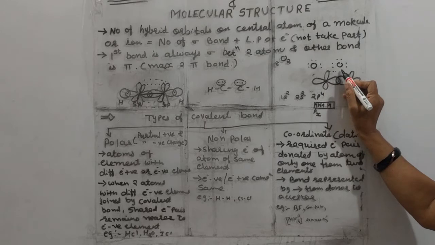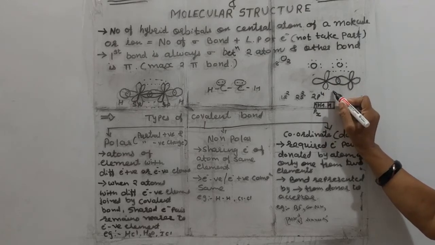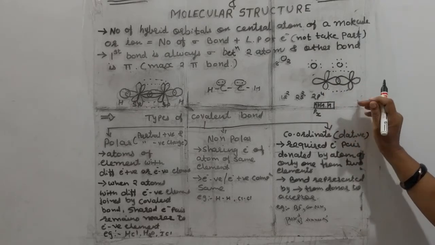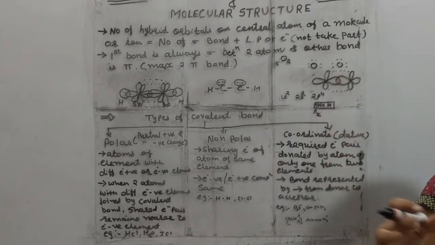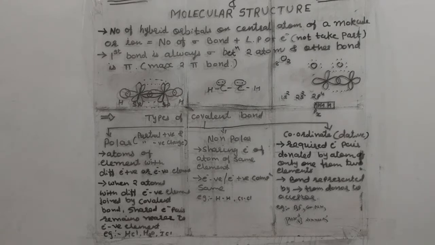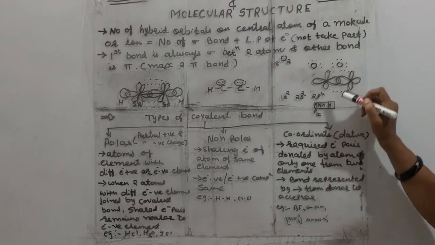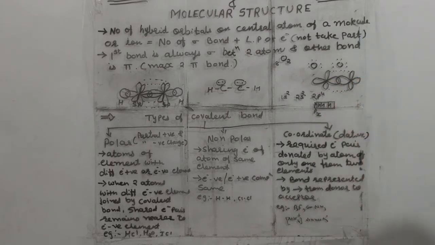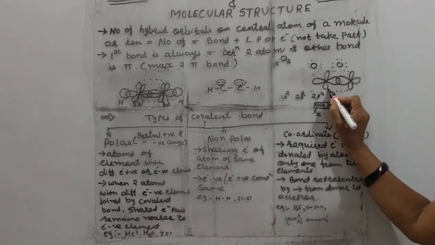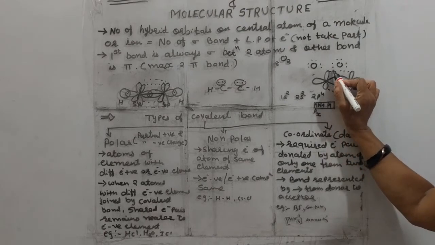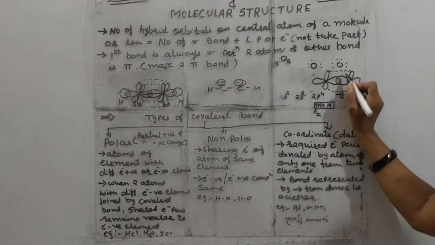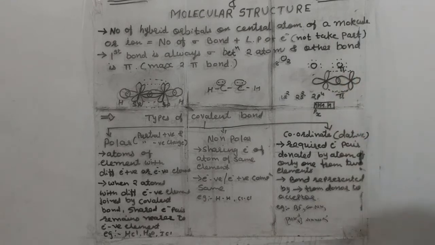Now they form the bond because they are both lone pairs. So here this lone pair repulsion takes place and they form the bond in such a manner, and that's why it is known as pi bond. This is, and this is known as pi bond. Is it clear, student, now?